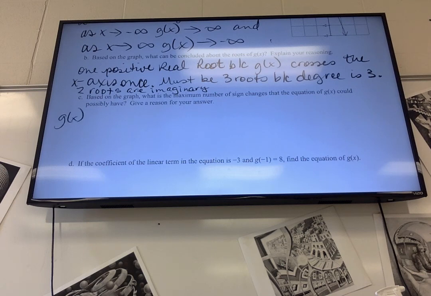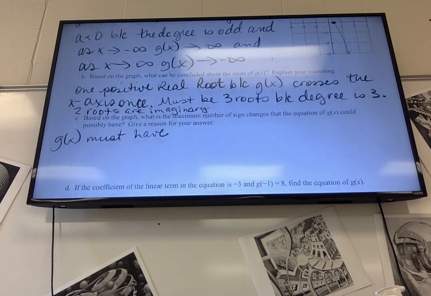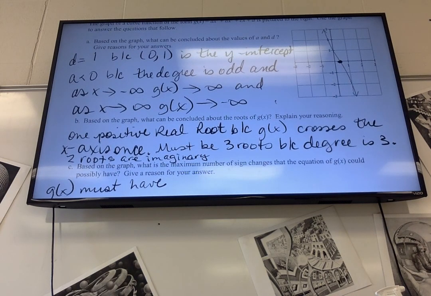What did the sign changes of just regular old g of x tell us? How many positive roots do we have? 1.